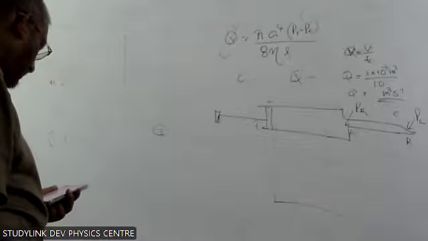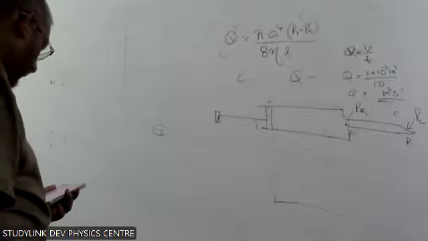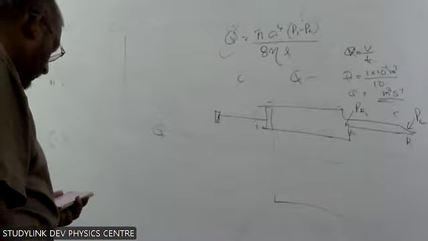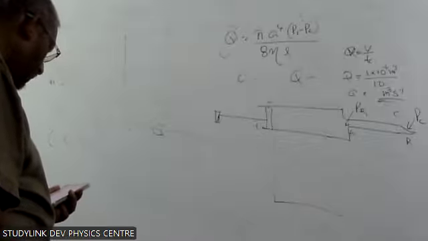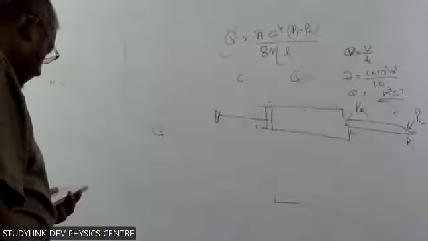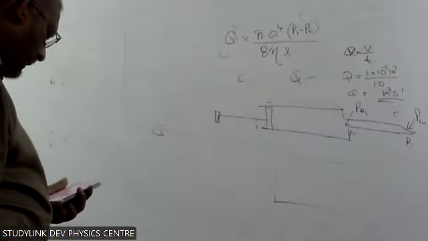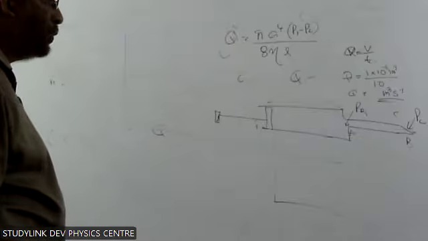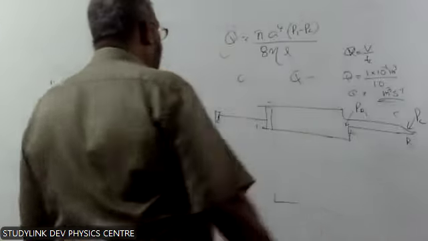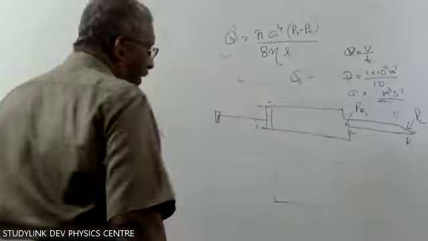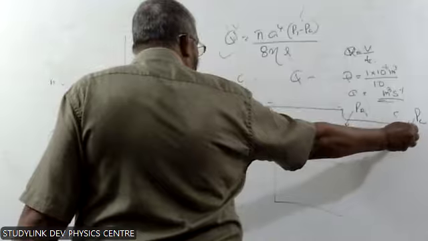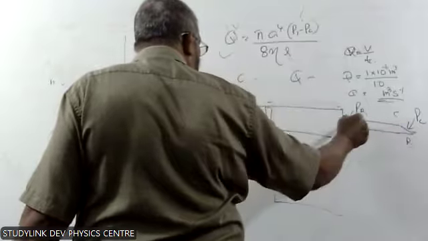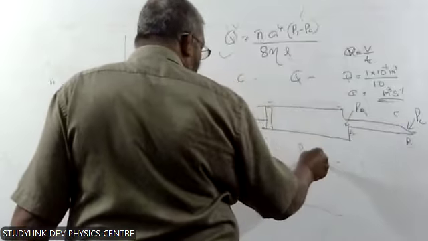Assuming that the average excess blood pressure over the atmospheric pressure is 100 millimeters of mercury, calculate the additional force to be applied. Then you can find the force. How? This pressure difference is known. Here, this one is atmospheric pressure, so you can find PB.